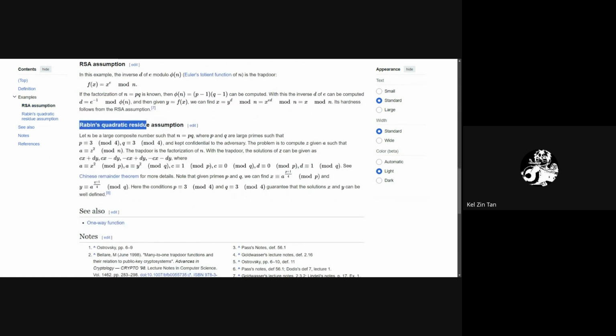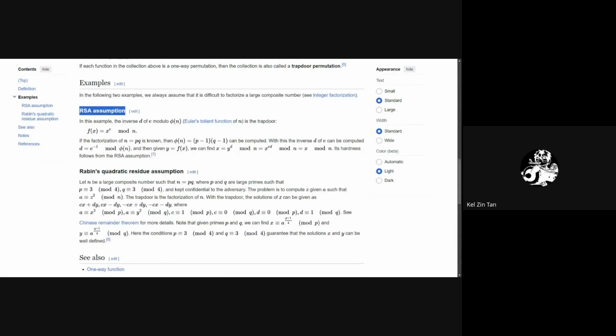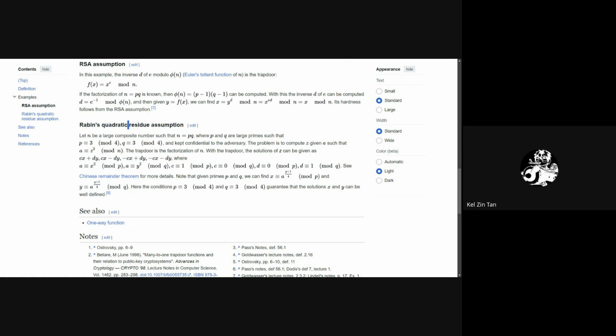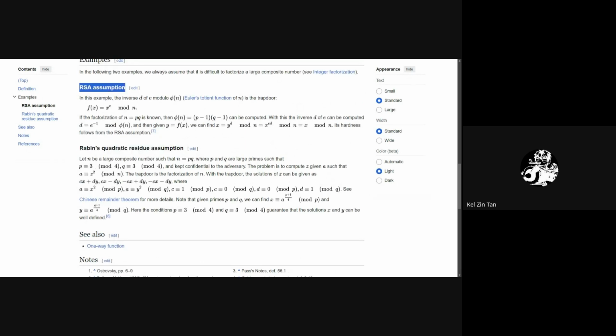But Rabin's quadratic residue assumption actually says that if you can break this, then you can factorize integers very easily. But for the RSA assumption, even if you can break RSA, you cannot find the integer factors. You cannot solve integer factorization. So in some sense, Rabin's is a stronger assumption because if you can break this, you can factorize integers. But if you can break RSA, it doesn't mean that you can factorize integers.